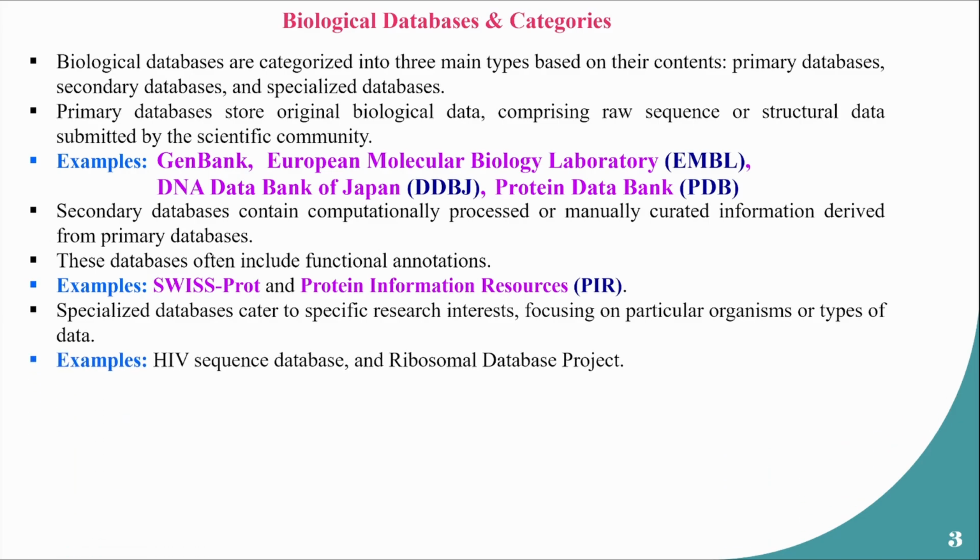For example, the HIV sequence database, the Ribosomal Database Project. These are examples of specialized databases where they have very specialized information, right? And I have also put all of the references here, so you can look through the books or whatever I have cited here as well, to get this information.